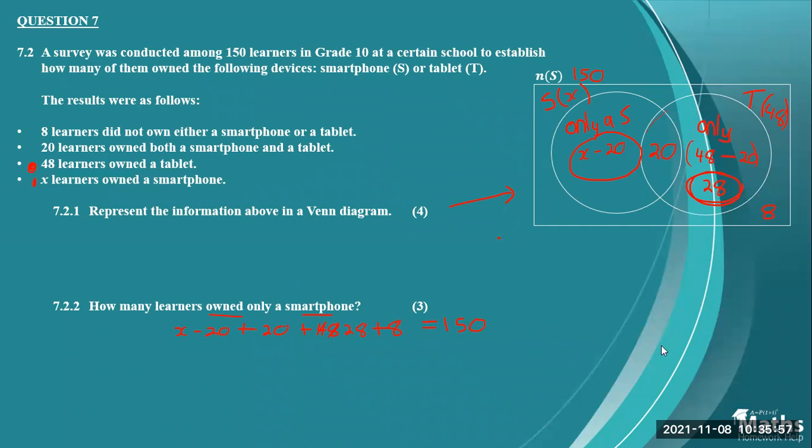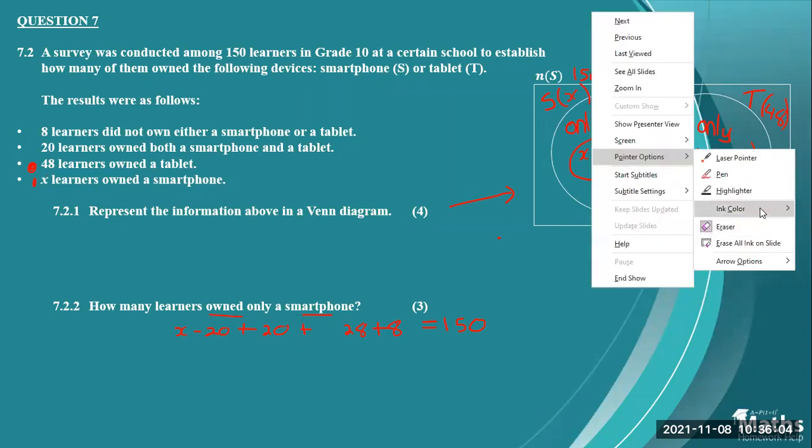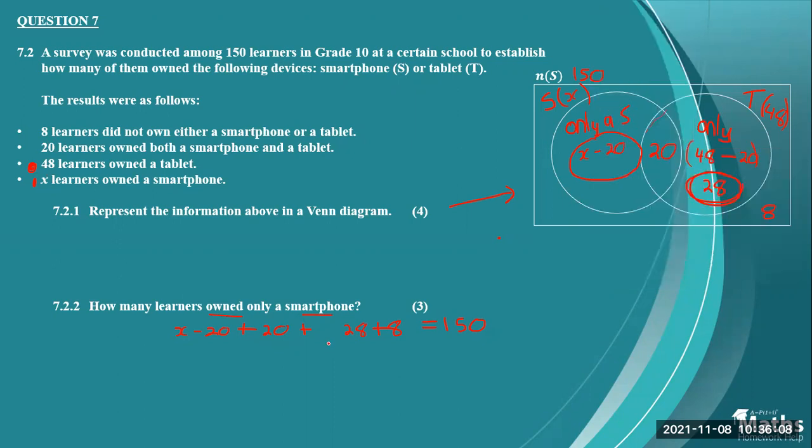150. So quickly go and work it out. You must practice to work it out yourselves. Grab the calculator. If you work it out, minus 20 and plus 20 already fall away. It's going to be x plus 36 equal to 150.